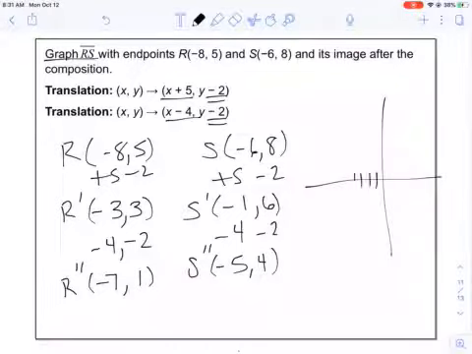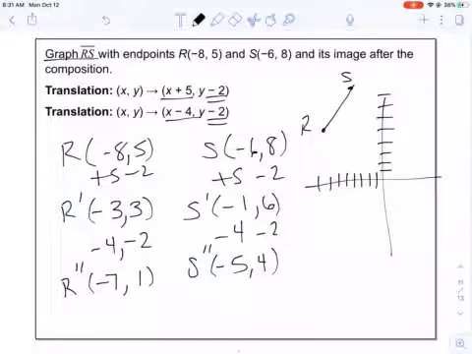1, 2, 3, 4, 5, 6, 7, 8. 1, 2, 3, 4, 5. So there's R. 1, 2, 3, 4, 5, 6. 1, 2, 3, 4, 5, 6, 7, 8. -6, 8. There's S. Then we have -3, 3 for R prime, and -1, 1, 2, 3, 4, 5, 6 for S prime.